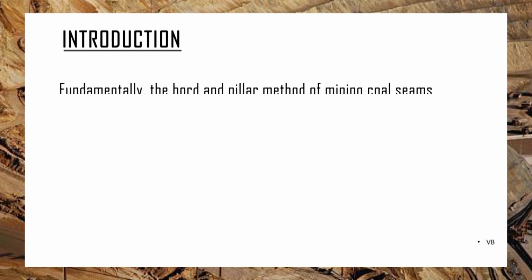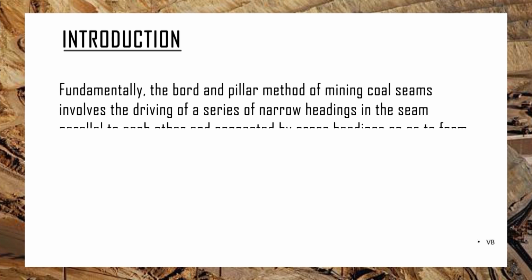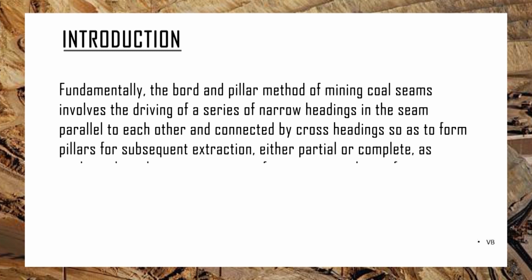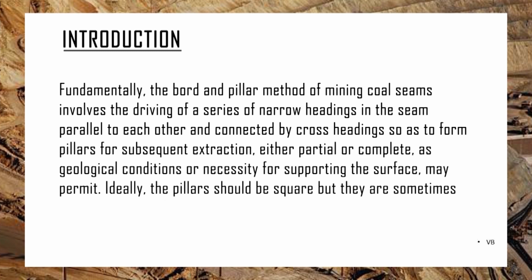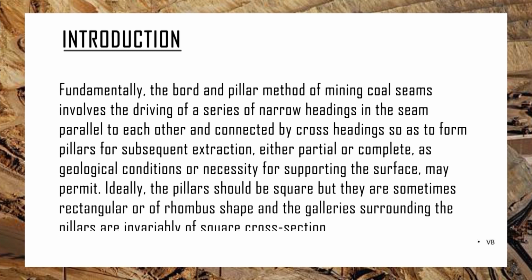Fundamentally, the board and pillar method of mining coal seams involves driving a series of narrow headings in the seam parallel to each other and connected by cross headings, so as to form pillars for subsequent extraction either partially or completely.